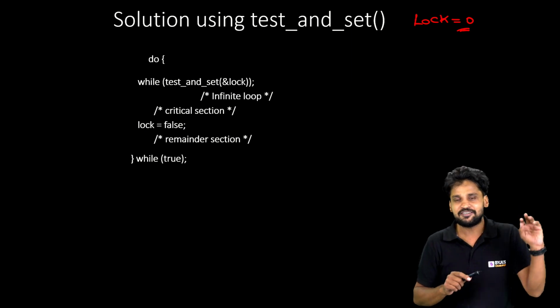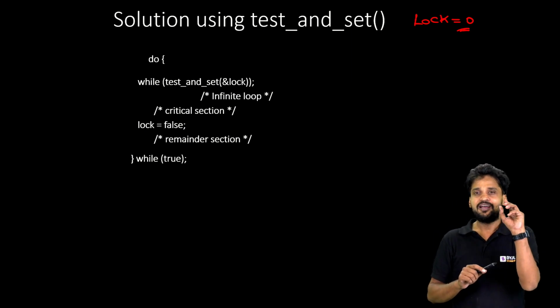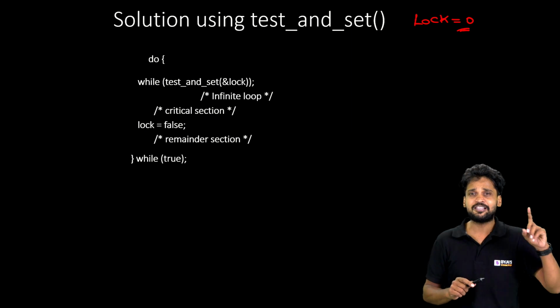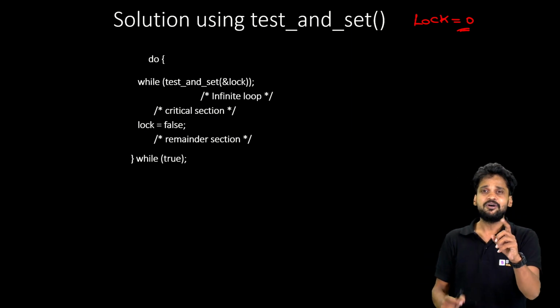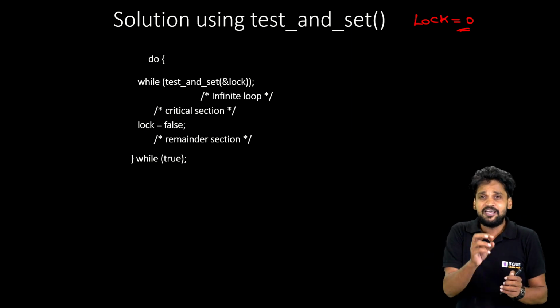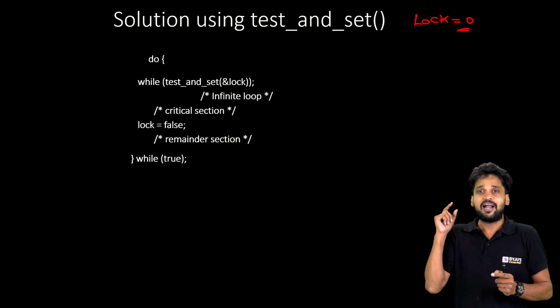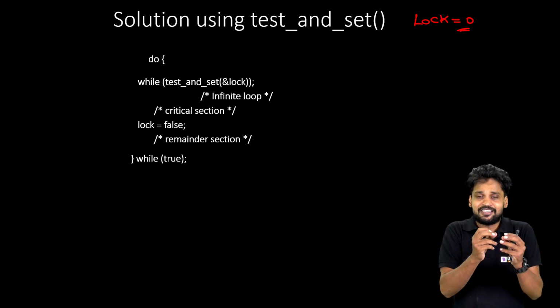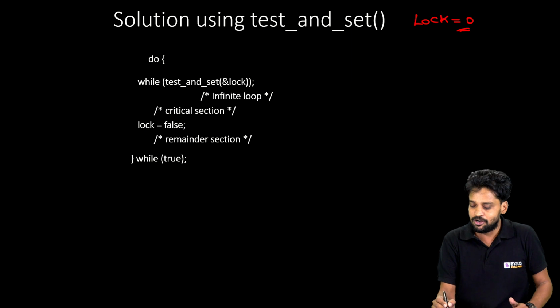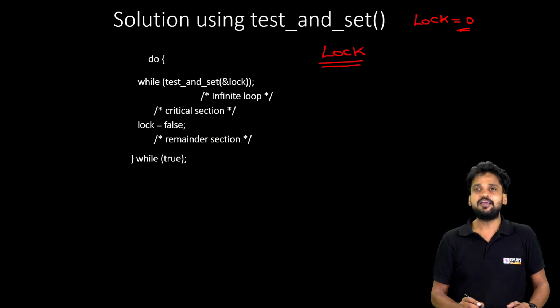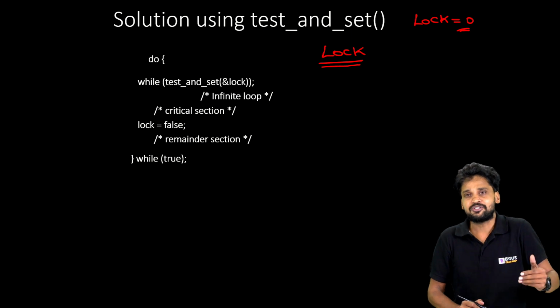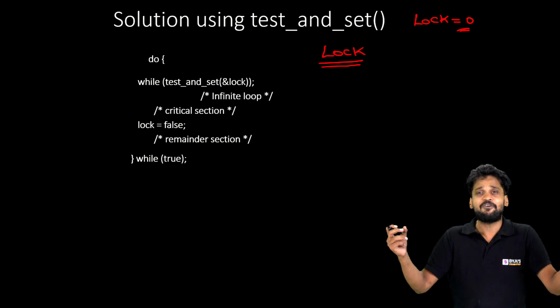We are just using a processor's register, and that register cannot be assigned to any other variable. That register will only be assigned to a variable which is called lock. And even then, if you simply declare a variable saying lock, it won't be assigned. This lock should only be used and accessed by using this test and set function.